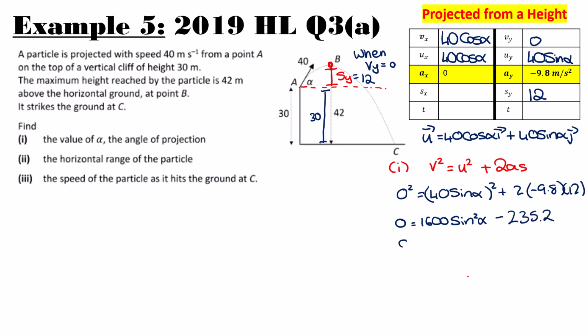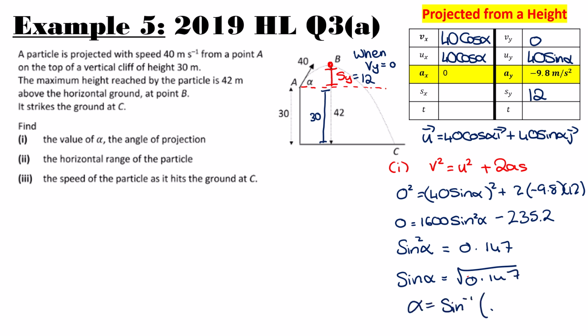Rearranging that, we get sine squared alpha is equal to 235.2 divided by 1600, which gives us 0.147. We're going to square root both sides, so alpha is going to be the sine inverse of the square root of 0.147, and that gets us our angle, which is 22.5 degrees. So that's our part 1.